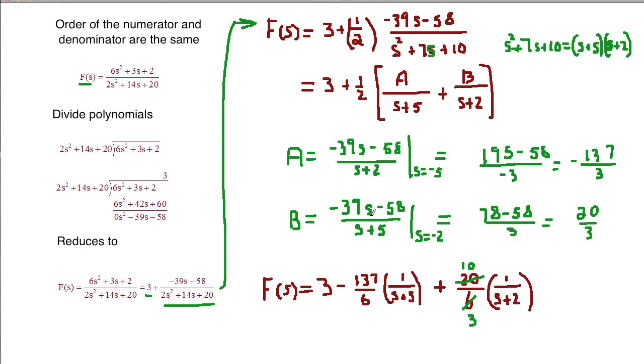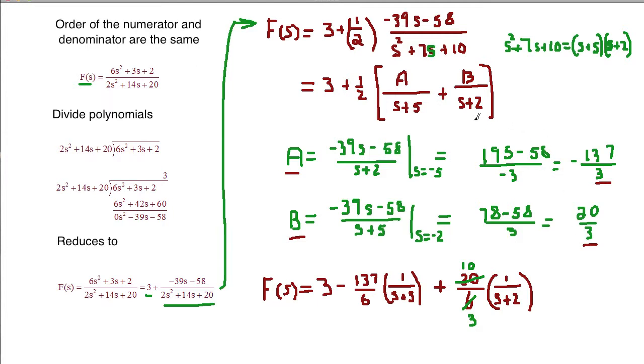When I do that, I get negative 2 times negative 39, which is negative 78, minus 58, divided by 3, because negative 2 plus 5 is 3, so I get 20 divided by 3. So this is B. I now have my expressions for A and B.